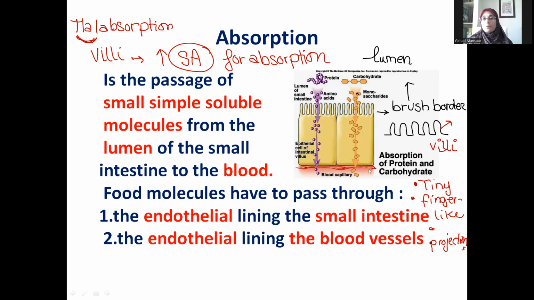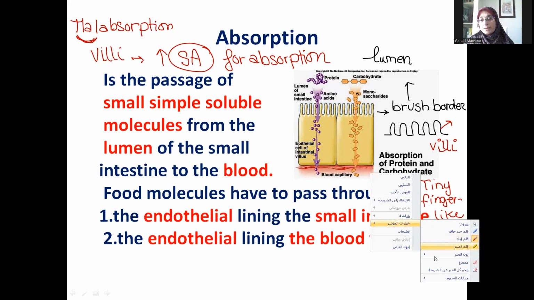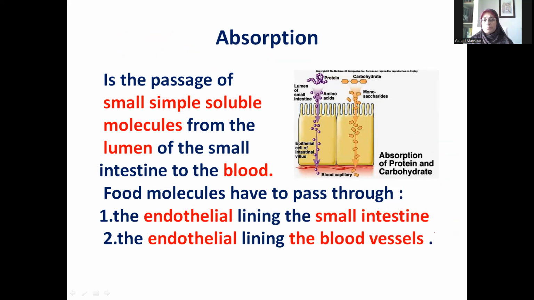And now we come to the last point on that slide, the definition of absorption. Absorption is nothing but the transfer of those final products of digestion from where? From the lumen of the small intestine to the lumen of the blood capillary.